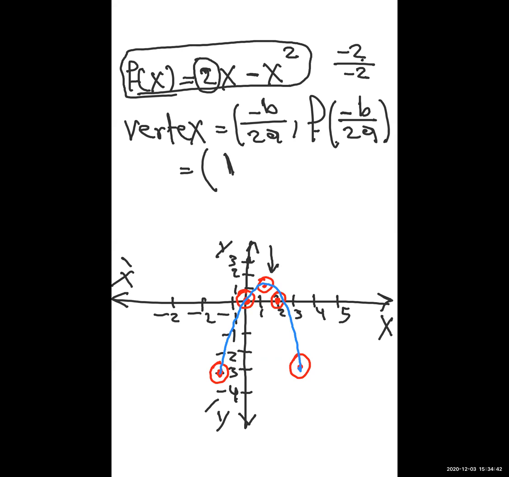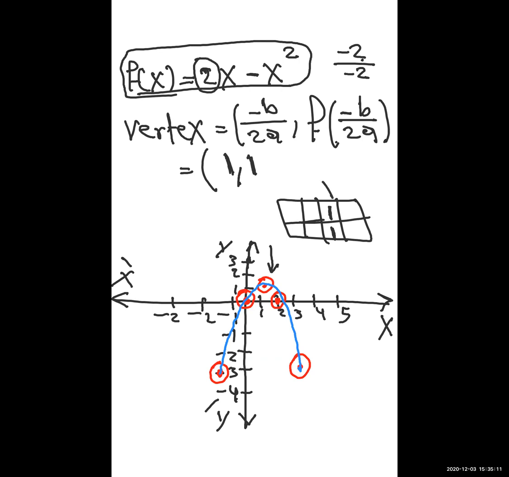Now I want to get f of negative b over 2a. Okay? I can get it directly from the table because the table contains 1 as the value of x. So it was like this. If you still remember, there was 1 here and the value of f of x becomes 1. So when x equals 1, f of x also will equal 1, f of 1.